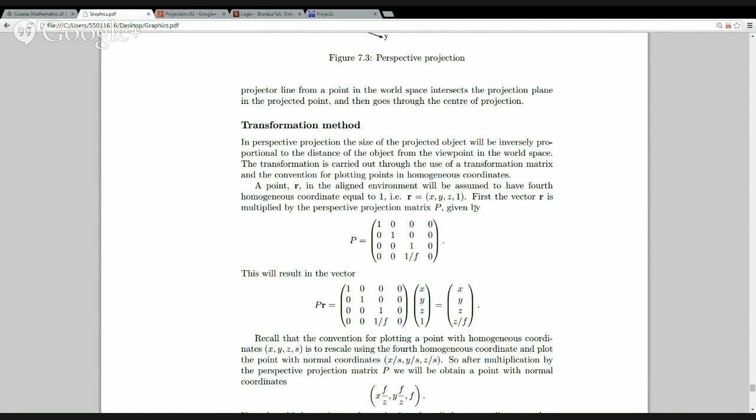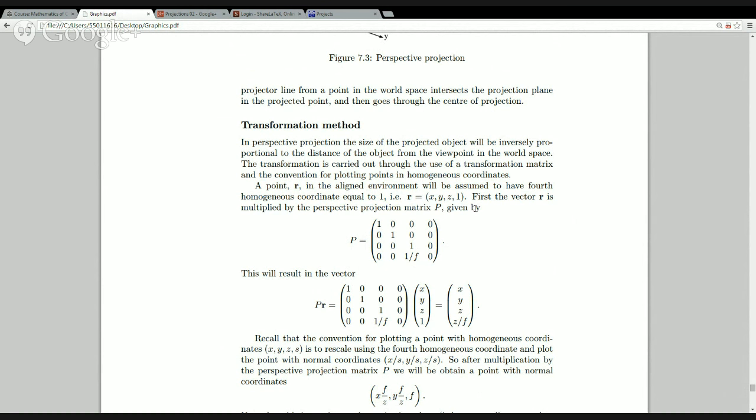So we have a projection matrix, P, which is given there. Now, P has a very special form shown there. And so let's look at the result of multiplying the vector R by this projection matrix.